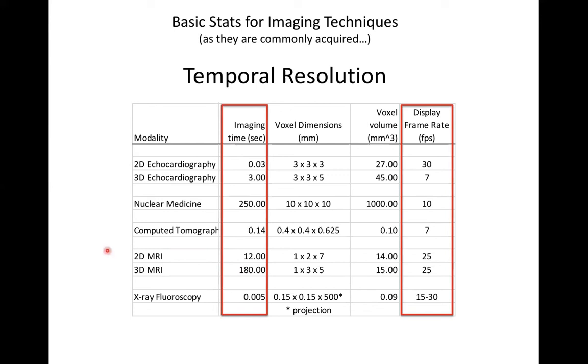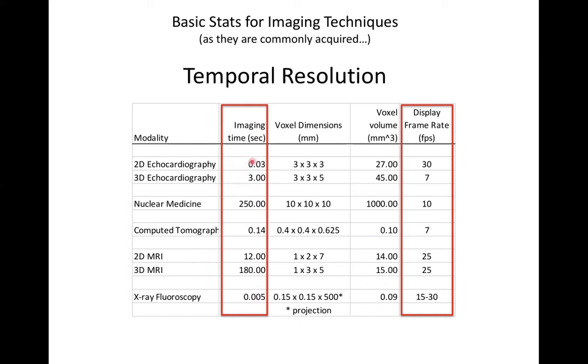X-ray fluoroscopy, you're basically making a picture every 5 microseconds or so, or the exposure time to make one frame can be down in the microsecond range. Each one of these fluoroscopy images is kind of a flash image, and then you play them back at 15 to 30 frames a second, because there's a long delay between each one of those flashes.